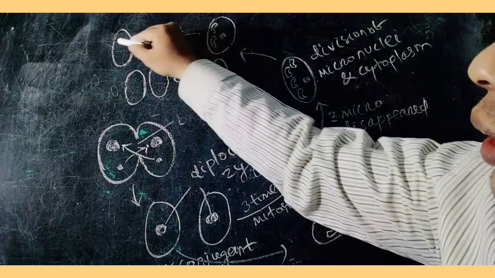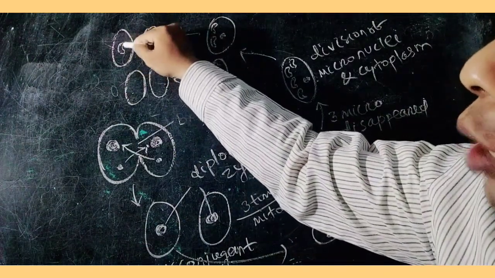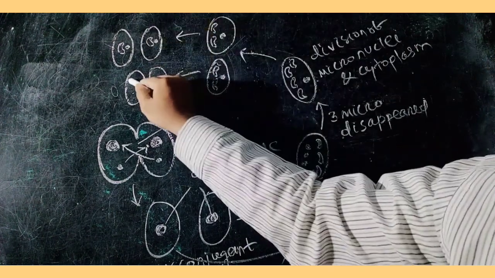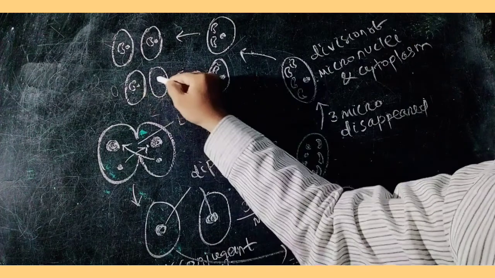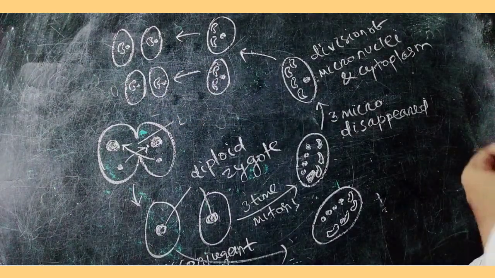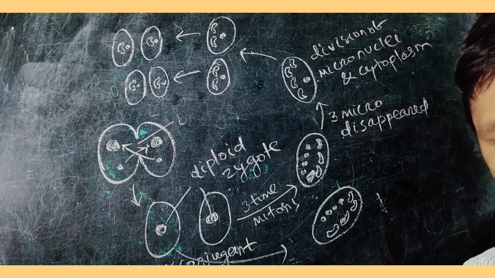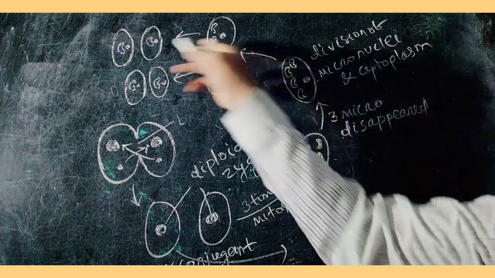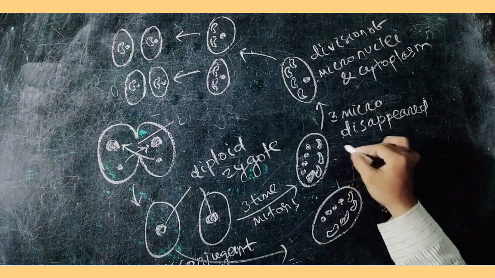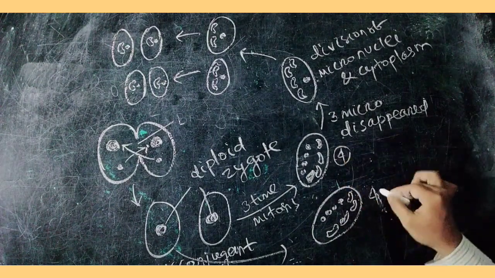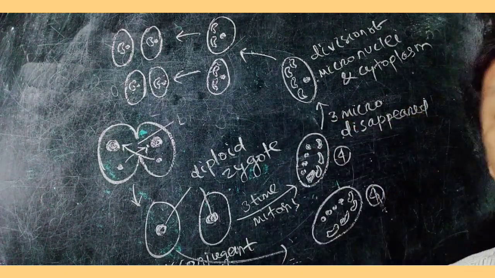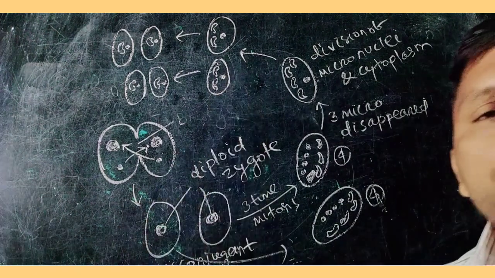Each one has one macro, one micro. In this way, four Paramecium arise from one zygote. This zygote also produces four. So four from here, another four from here. Total eight Paramecium are produced from the conjugation process.